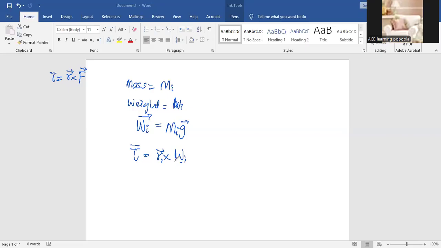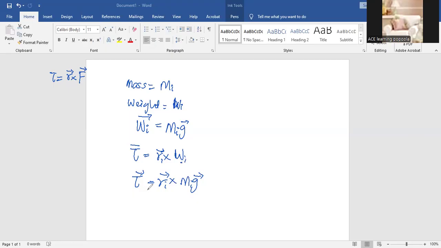And we get weight by multiplying mass times gravity. So the force times the perpendicular distance here is weight times perpendicular distance. The formula is still the same, which then means that tau is equal to ri times mig. It's still the same thing.